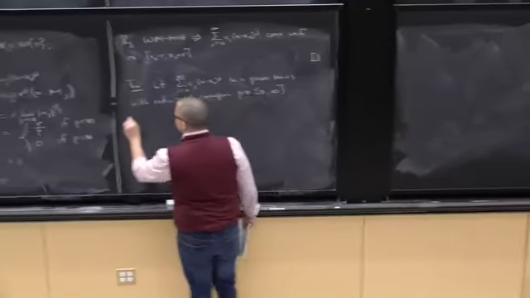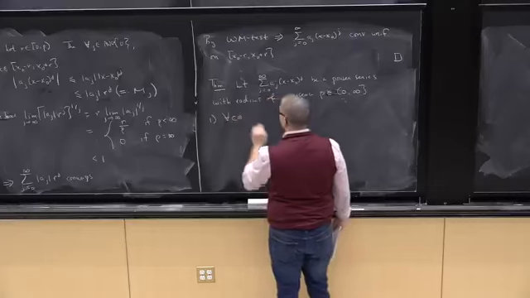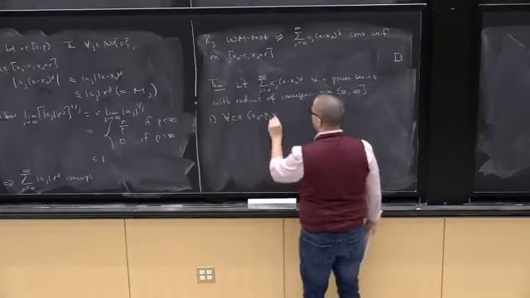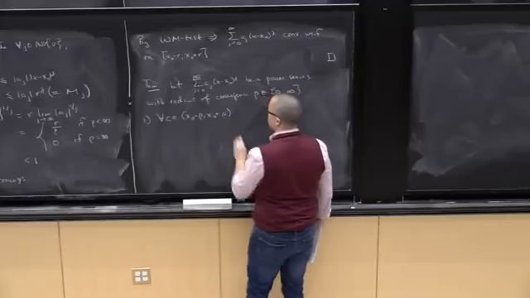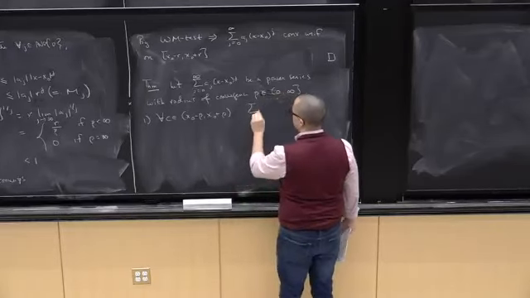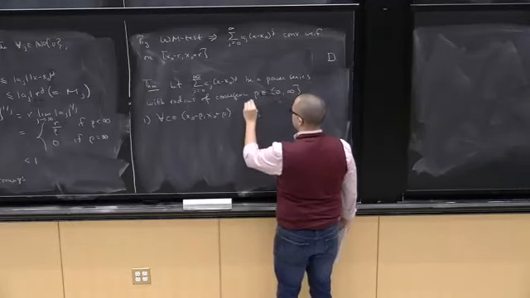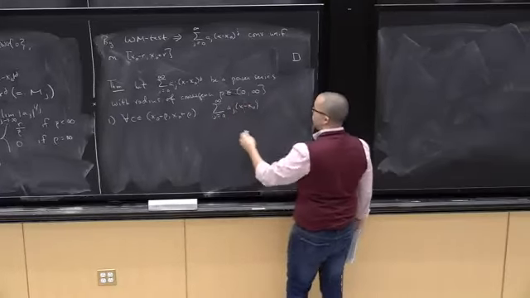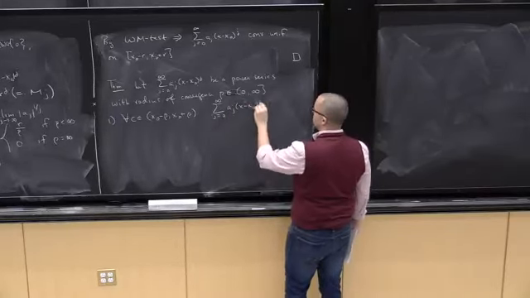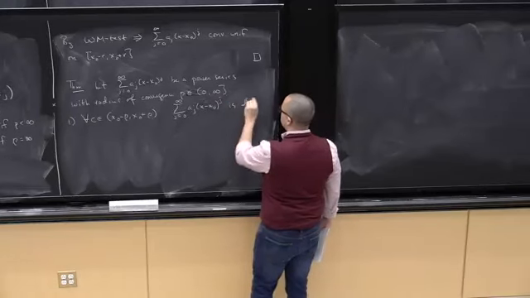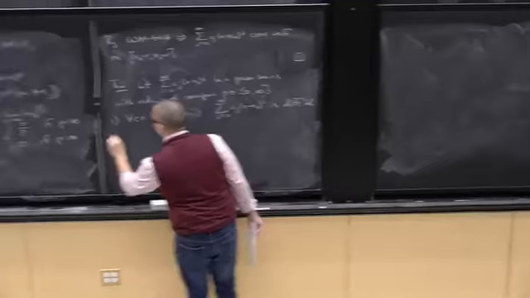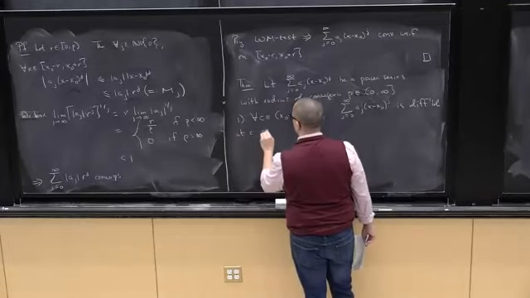And the first is, for all c inside x naught minus r, x naught plus r, the function given by the power series, which I'm not going to call f or anything, I'm just going to refer to the power series directly, is differentiable at c.